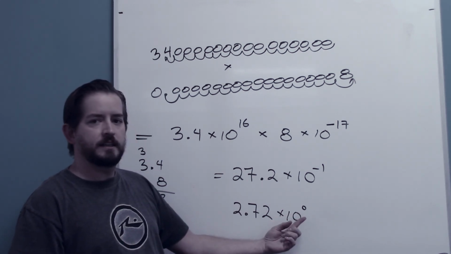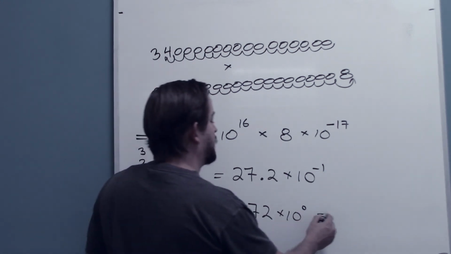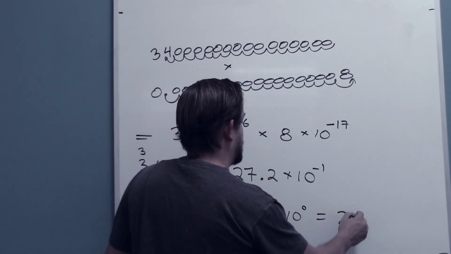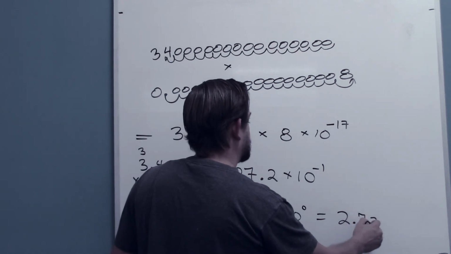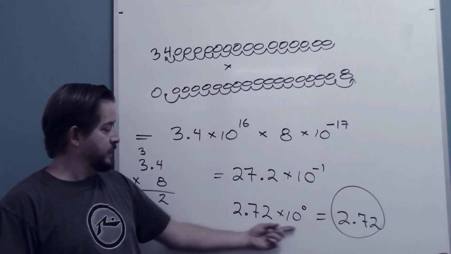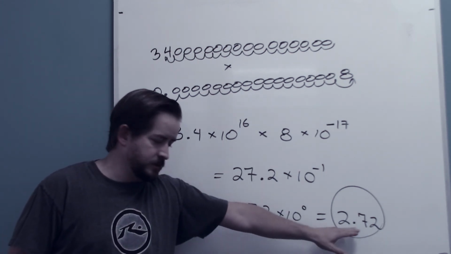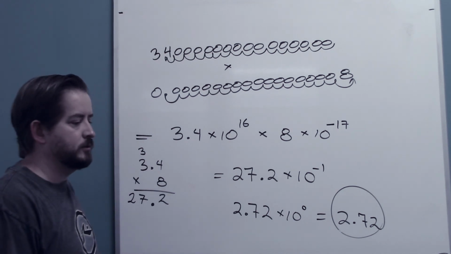But times 10 to the 0 is 1. And so at this point, there's no point in writing this in scientific notation. I can just write this as 2.72, and that's my answer. If it says to write it in scientific notation, then yeah, you do need the times 10 to the 0, but the answer itself is equal to 2.72.